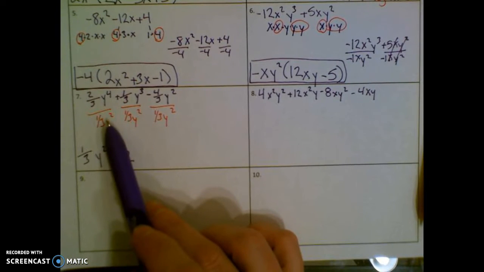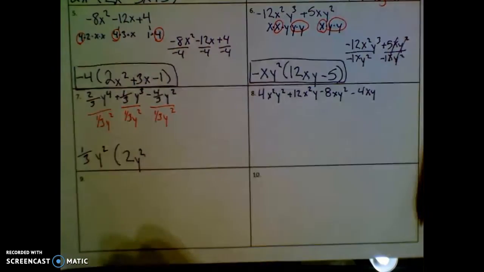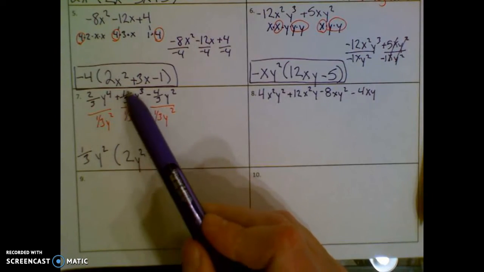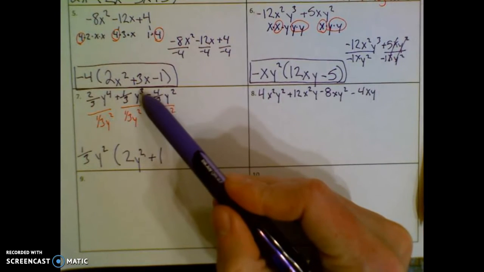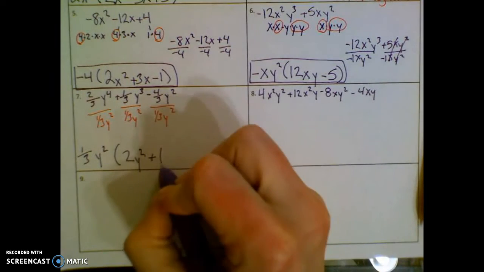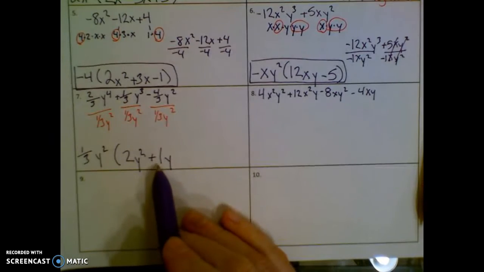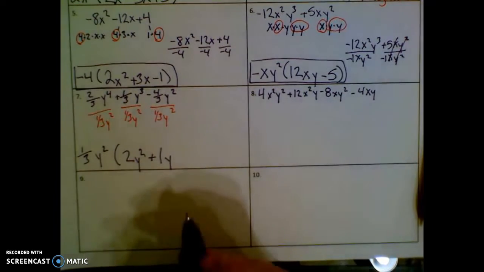But also 1/3 times 2 is 2/3. Y to the fourth divided by y squared, 4 minus 2 is 2. Same thing here, 1/3 divided by 1/3 is 1. And then y cubed over y squared is 3 minus 2, which leaves me 1 y. You could leave it as is, you could erase that 1 because that y is there.